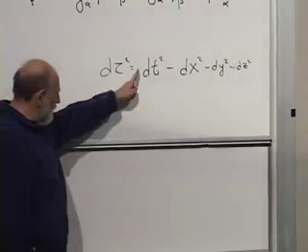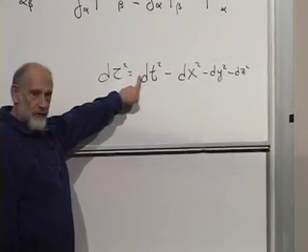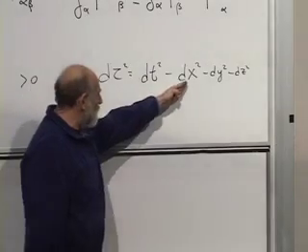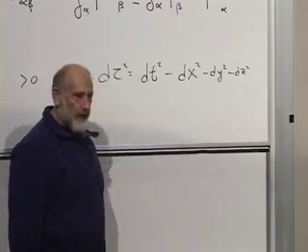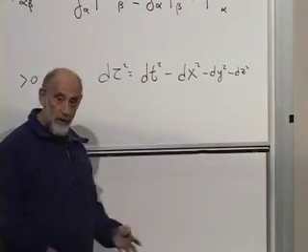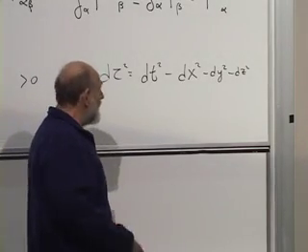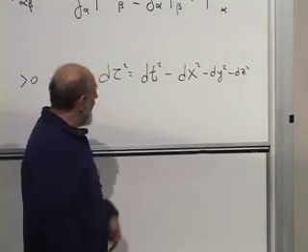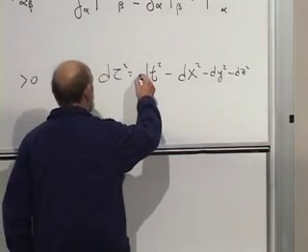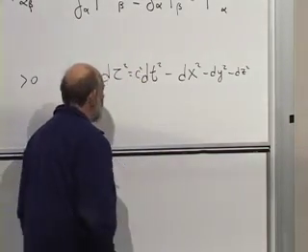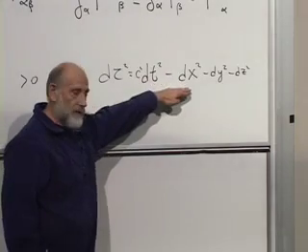I need to give these the same units. This has units of length squared. This has units of time squared. They're not compatible. To make them have the same units, I need some speeds of light. I can either put the speed of light squared here, but in that case, what are the units of this quantity?